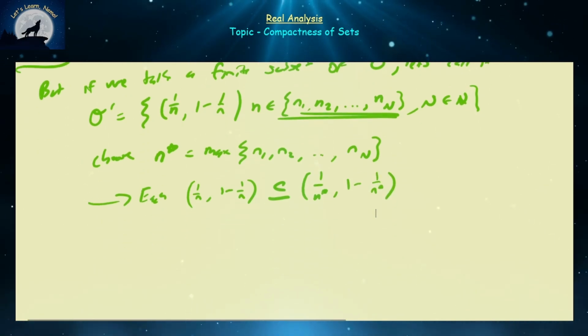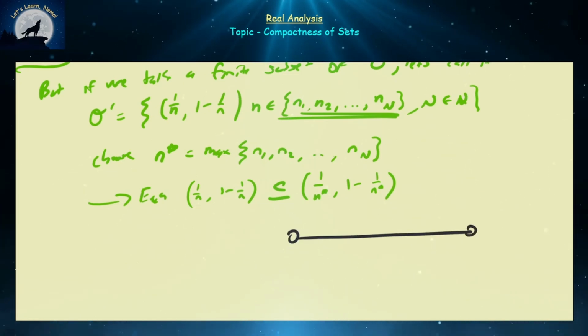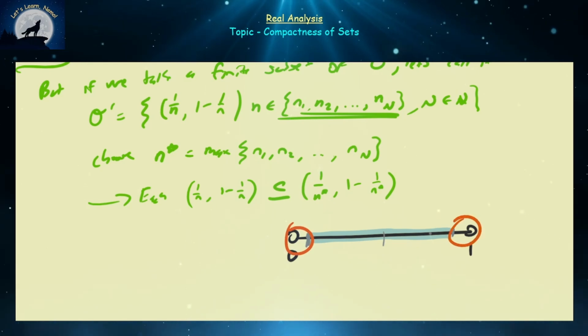When you look at this geometrically, I don't care how big that n star is. If we go from 0 to 1, this interval is still not going to contain all of the values within (0, 1), because we're always going to be missing these particular pieces.